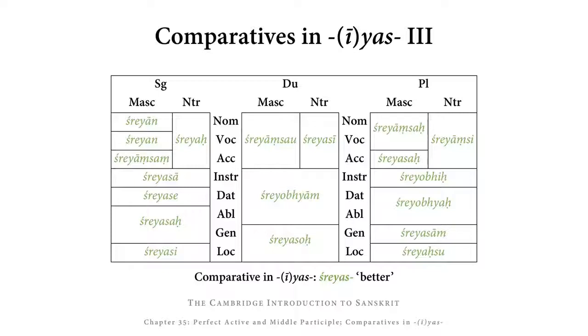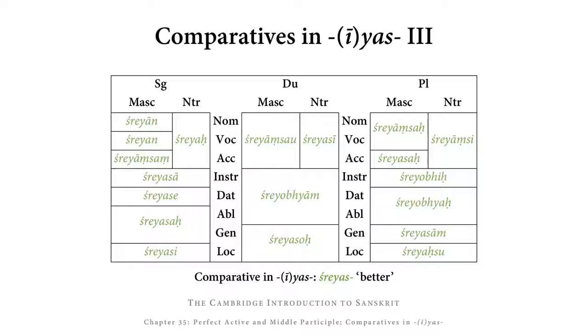So in front of the ending bhyam for the instrumental dative and ablative, the stem shreyas changes through internal sandhi into shreyo. So just as we had from manas, where we got manobhyam, here we have shreyobhyam. And then in the genitive and locative, we again have an ending that begins with a vowel, and in front of that, shreyas appears just as it is, shreyasoh.